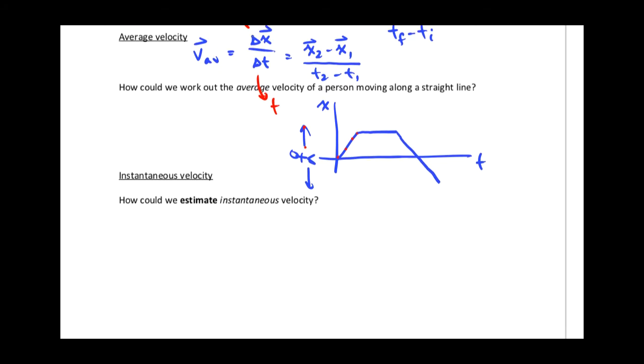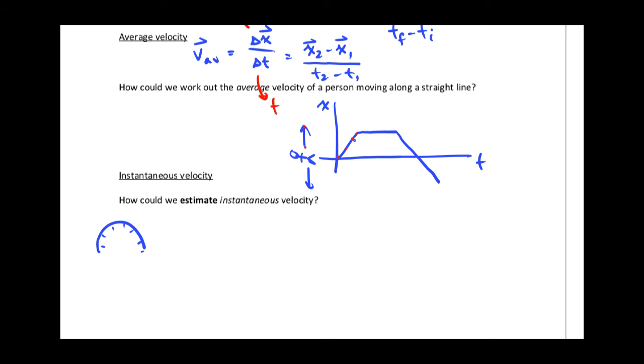Now, if this is the definition of average velocity, and we want to know what the instantaneous velocity would be, imagine you had a speedometer that could go in the positive and negative directions if you're going backwards, so this would be going forwards fast, this would be going backwards fast, and this would be at 0, not going anywhere. So if we wanted to know the speedometer reading on this person, we don't want to know the average velocity, we want to know the instantaneous velocity.